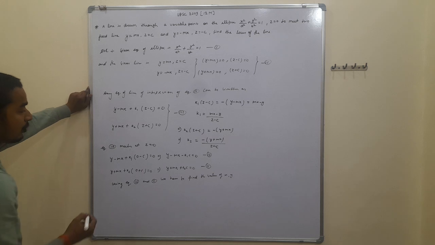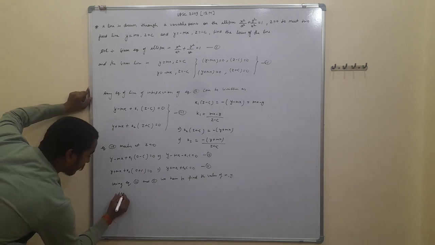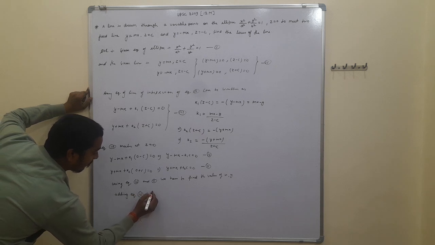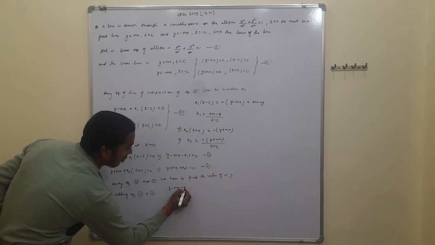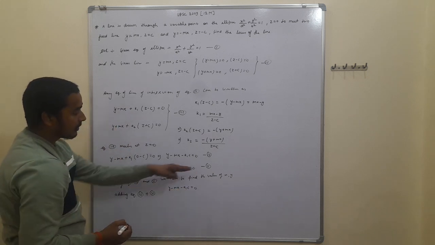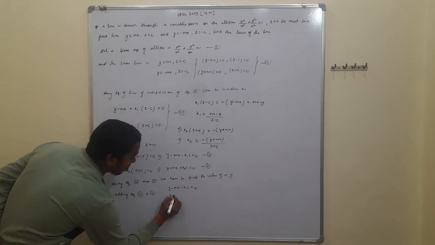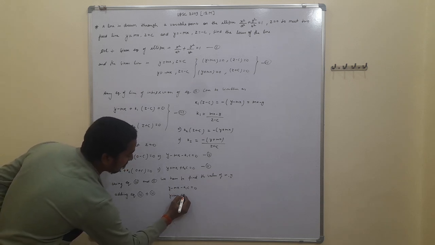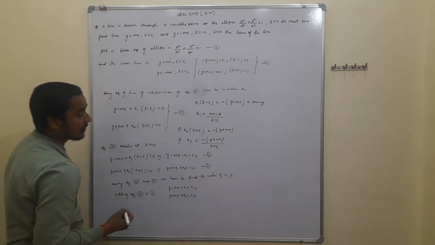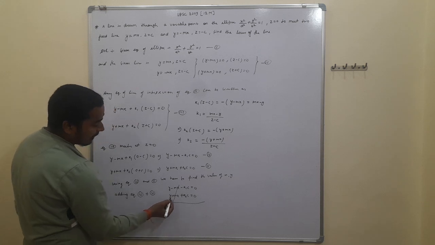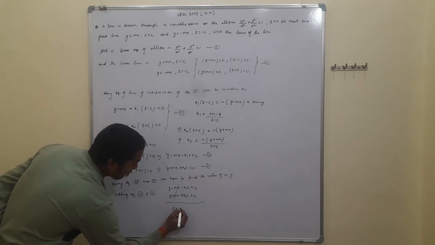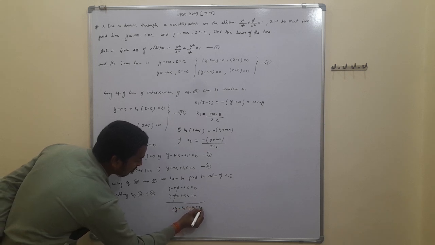First we add equation 4 and 5th, that is y minus mx minus k1c is equal to 0, this is equation 4, and y plus mx plus k2c is equal to 0, this is equation 5th. Adding, minus mx and plus mx cancel out, then the remaining is 2y minus k1c plus k2c is equal to 0.